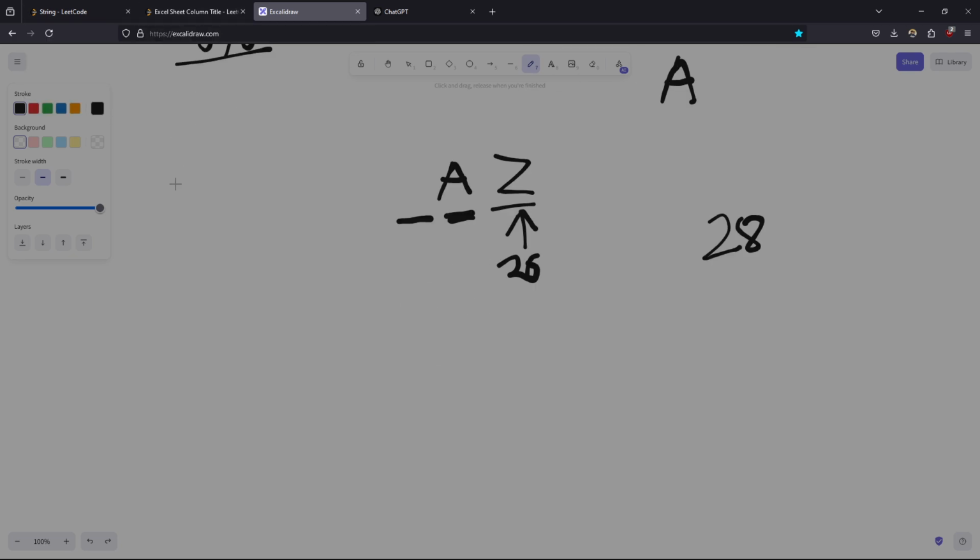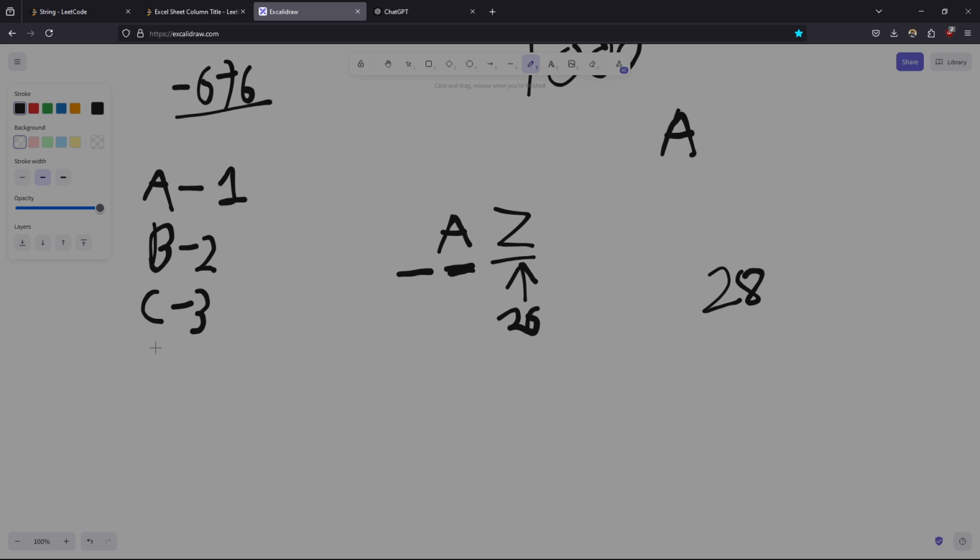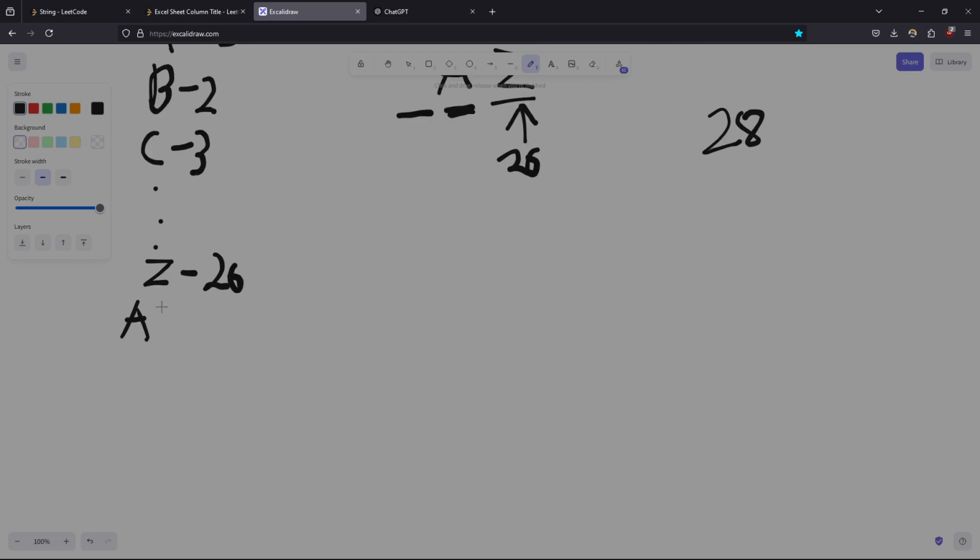Okay, so I think it's better to look at it this way. If A is 1, then B is 2, and C is 3, and likewise if we follow this pattern, then Z will be 26, and AA will be 27, and AB, sorry, not B, will be 28.